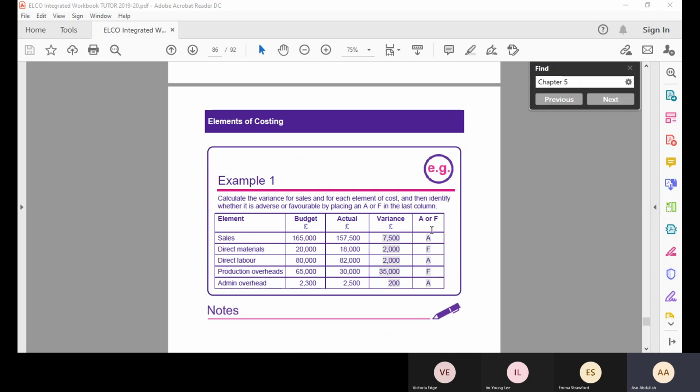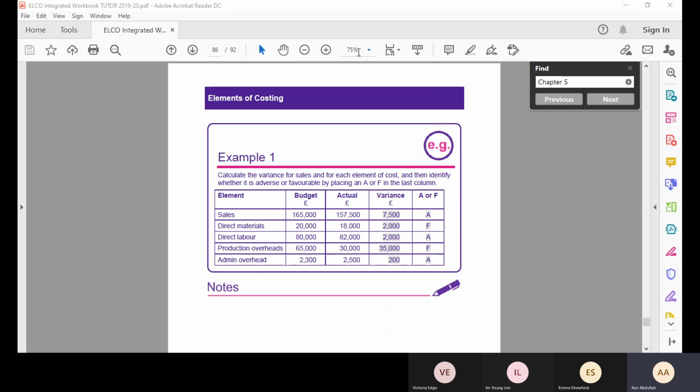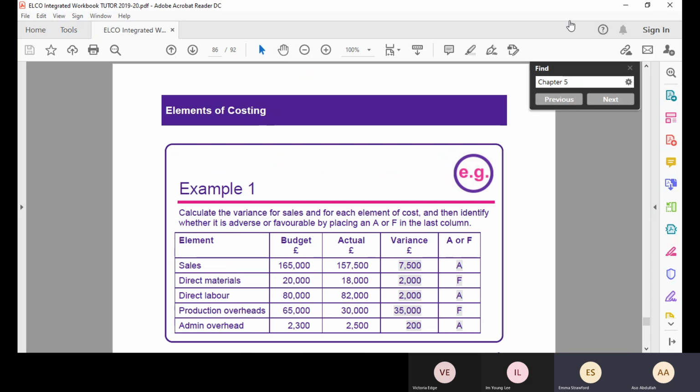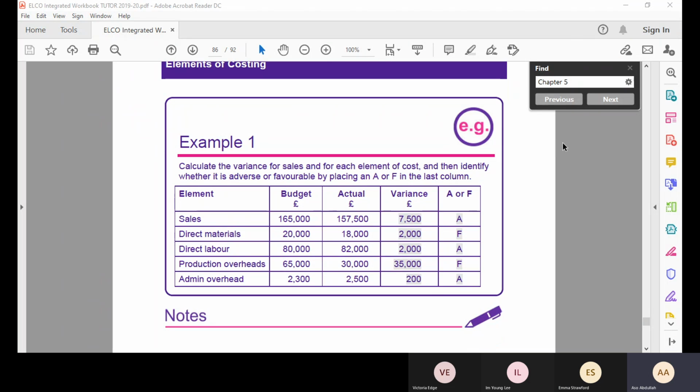So are you able to see this example? Example number 1? Yes. Great. Okay, so let's focus on this example. It says calculate the variances for sales and for each element of cost, and then identify whether it is adverse or favorable by placing an A or F. A stands for adverse, F stands for favorable, in the last column.